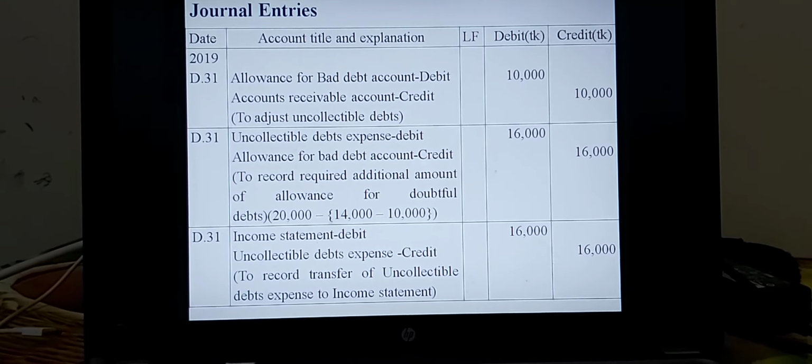Second journal, uncollectible debt expense debit, allowance for bad debt account credit for the additional allowance amount. Third journal is income statement debit, uncollectible debt expense or bad debt expense account credit for taka 16,000. Dear students, for recovering in this math, I repeat again, totally 3 journals are to be shown in each year's journal entries recording procedure.